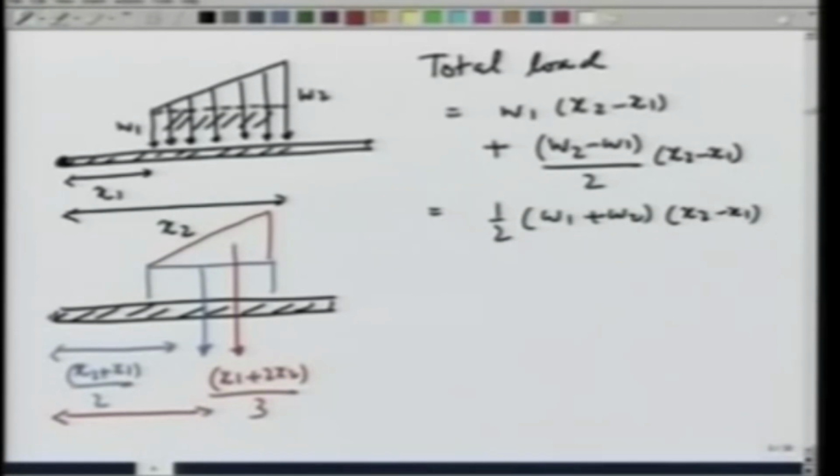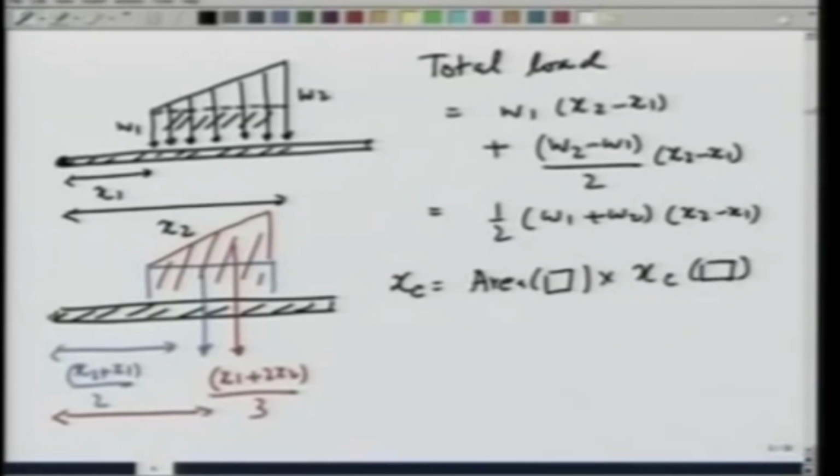So, I can take these two loads and then calculate what will be the effective centroid for this entire area, and that we know from our previous lecture is going to be xc equals area of the rectangle times xc of the rectangle, just writing it symbolically, plus area of the triangle times xc of the triangle, divided by the total area.